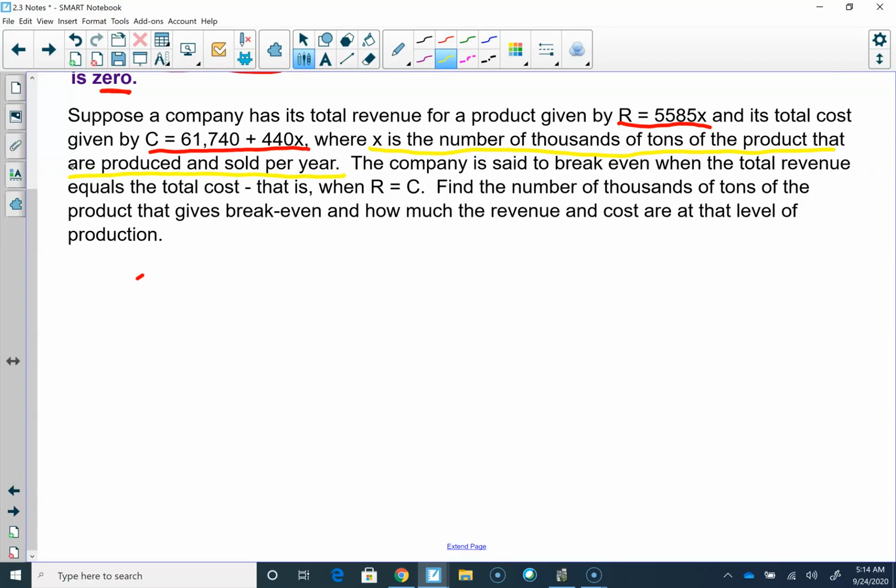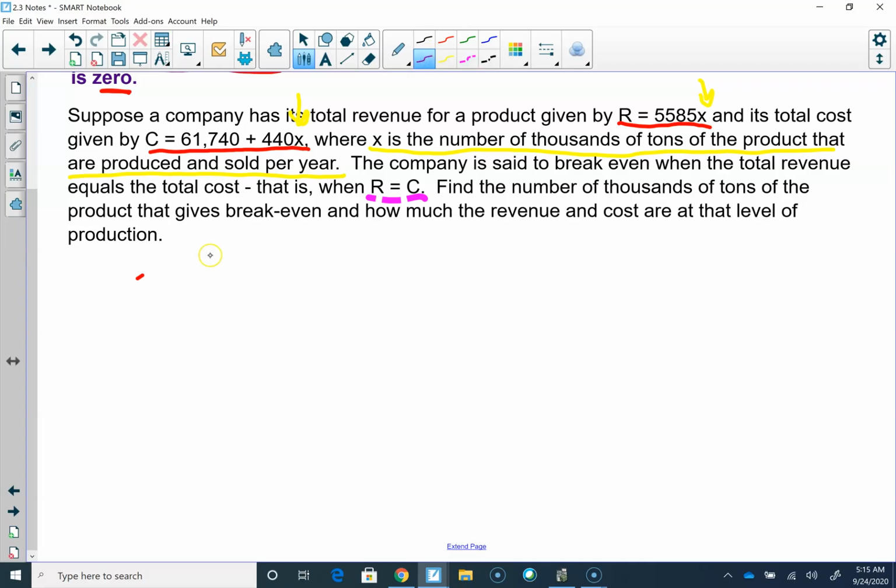So depending on how much I produce and sell will determine what my X is, which would then determine my revenue with that formula and my cost with that formula. The company is said to break even when the total revenue equals the total cost, which is right here. Find the number of thousands of tons of product that gives break even and how much the revenue and costs are at the levels of that production.